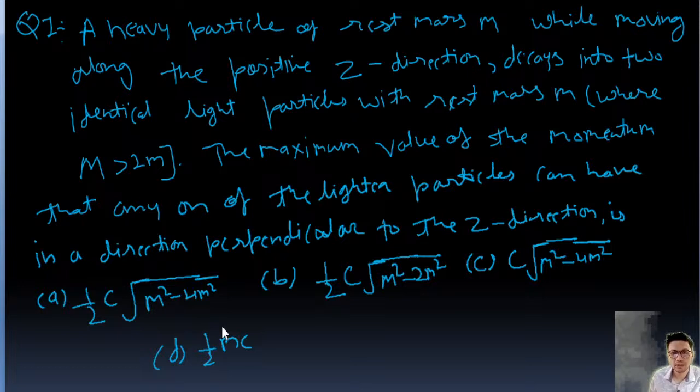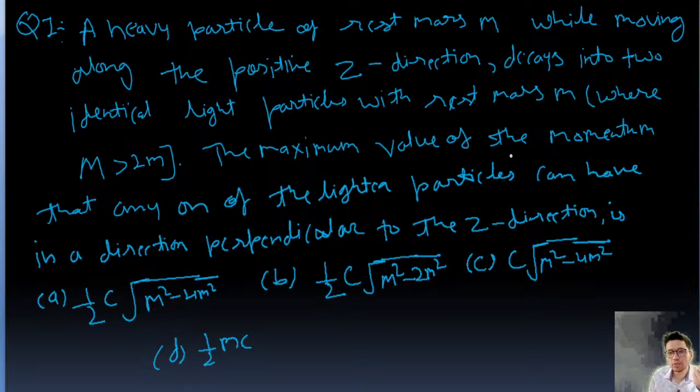The question is, a heavy particle of rest mass capital M, while moving along z direction, decays into two light identical particles with rest mass small m, where capital M is greater than 2m.